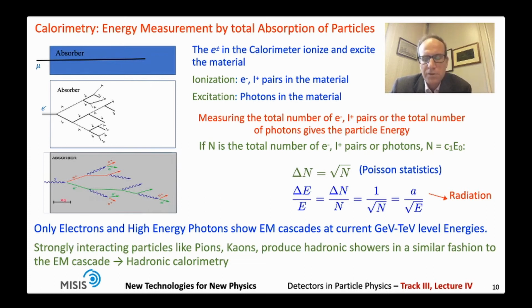So it's a counting method, so it is driven by the Poisson statistics, and therefore you expect that your relative energy resolution, delta E over E, this is delta n, the uncertainty on the counting, on the total number of particles that you detect, divided by the total number of particles itself, and this goes with 1 over square root of n, which means that, since n and the energy are proportional, this is a certain factor divided by the square root of the energy.